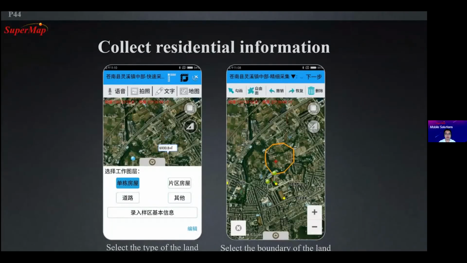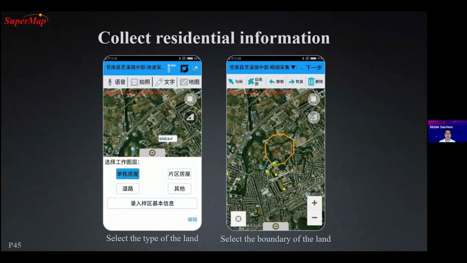And in some areas, we need to collect residential information. So here, in the first picture, we select the type or set the classification, and then we can also generate the boundary of this area.